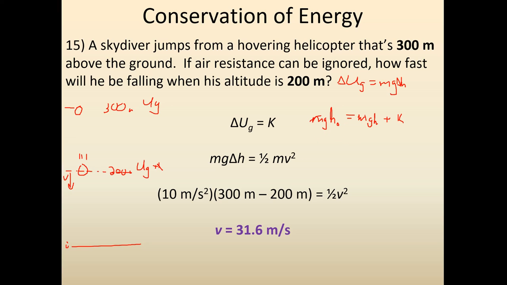The masses all drop out because this is going to be 1/2 v squared. And when I move this over to the other side, I'll end up getting h naught minus h, which is exactly what I have here, where I have 300 minus 200. Again, it ends up being the same thing.